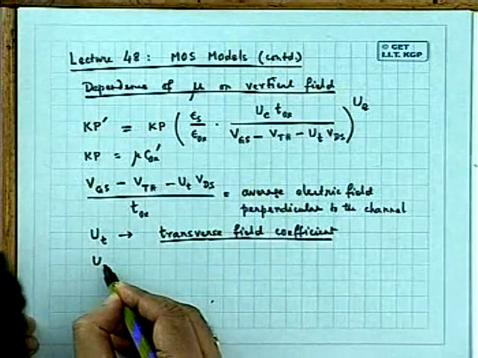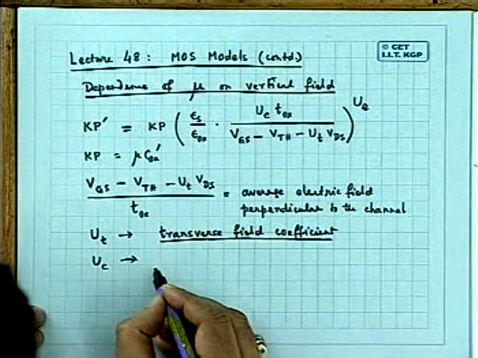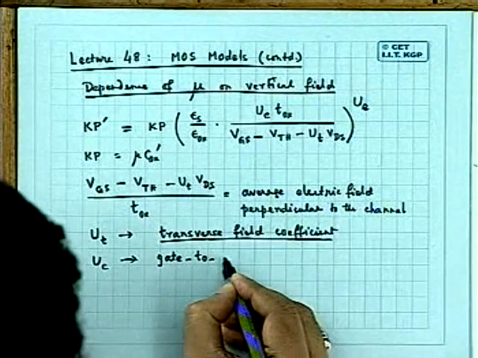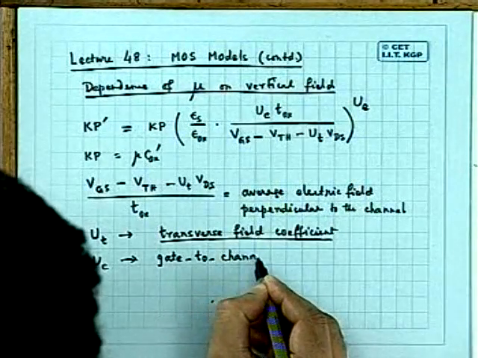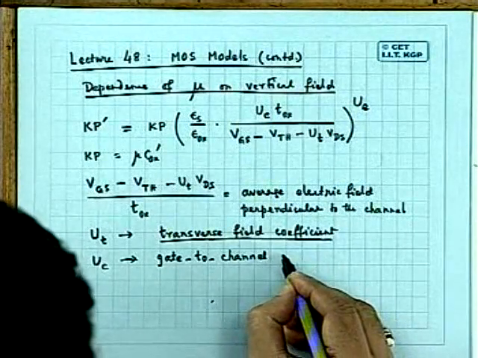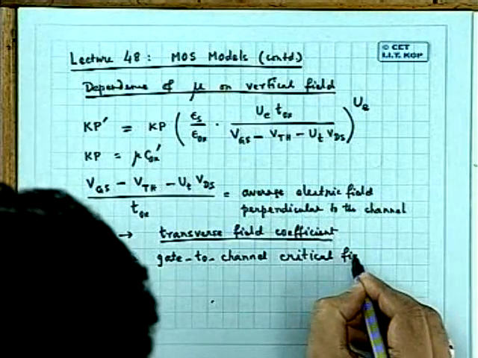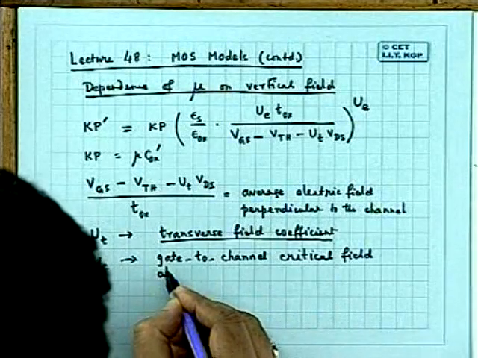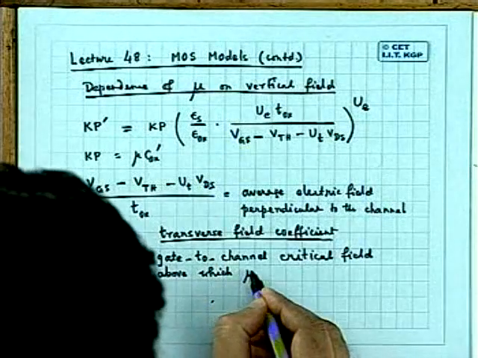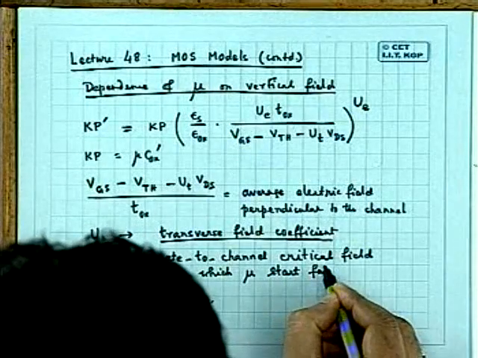UC, if you see carefully, is nothing but the gate-to-channel critical field, above which mobility starts falling.